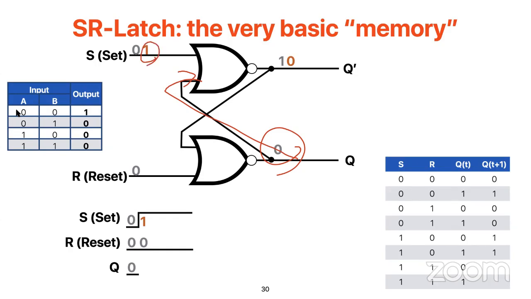When you are doing NOR of 1 and 0 here, you get a 0 output, and it again becomes the input of here. And when you get 0, 0, you get a 1. So in this way, you are setting the current content to be 1. And notice that for the signal I draw here, we have some time difference, because there is always some kind of gate delay that you should keep in mind here.